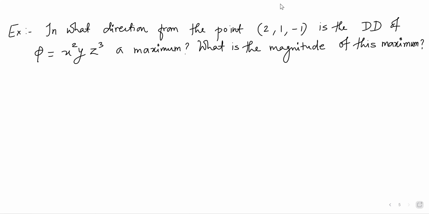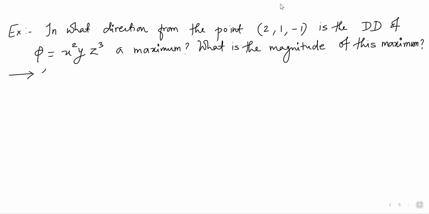So what we have to do in this case is just calculate the direction. Just now I've told you that at the same point, del phi at the given point is nothing but the maximum direction vector. And the magnitude you can calculate by taking the mod of del phi.